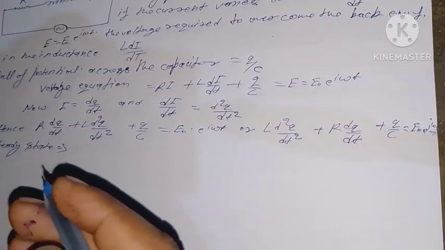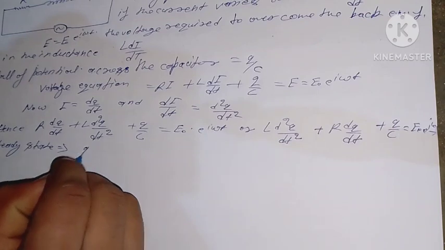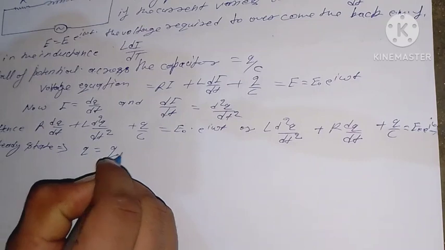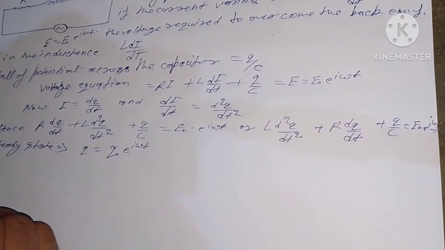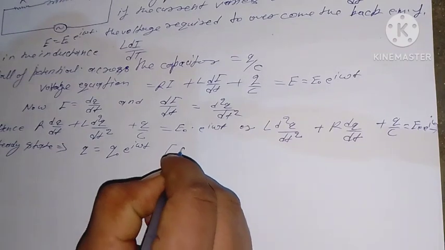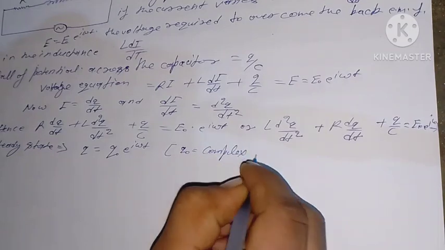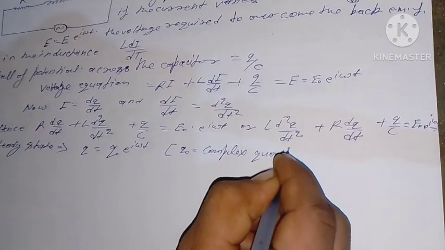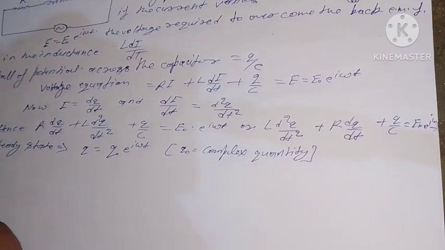In the steady state, let one particular solution of the equation be q equal to q naught e to the power i omega t, where q is a complex quantity and q naught is a complex quantity.